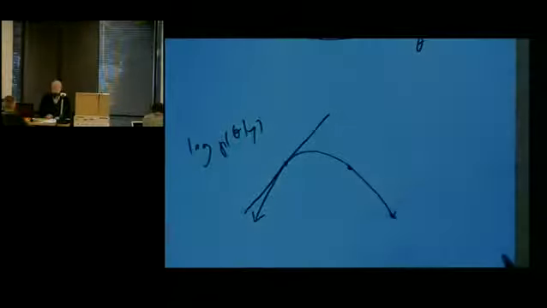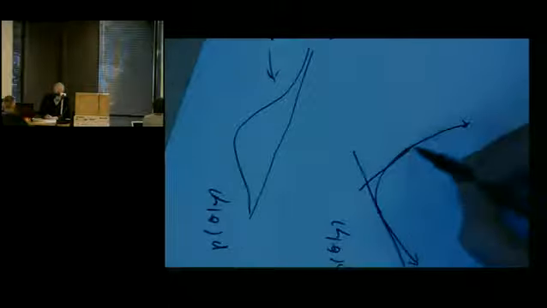Pick one other point over here that is to the right of the mode and draw another tangent to the curve right there. I didn't draw that very well, but you get the idea. And look, there's our envelope. The envelope starts right here, and it goes along until it reaches that point right there, and at that point it switches over and goes down like that.